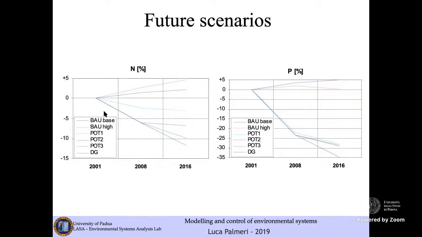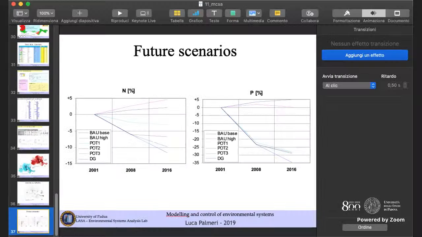So we see that the business as usual high and business as usual basic scenarios bring an increment of 5% in nitrogen loads by 2016. We had the same estimation for phosphorus, and in particular, we see that in the case of the deep green scenario, we may have a reduction of up to 35% of phosphorus loads onto the coastal area.